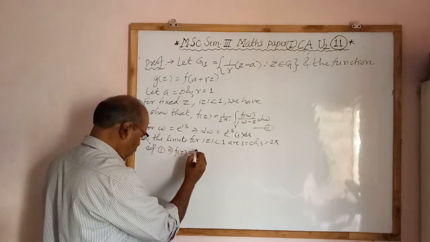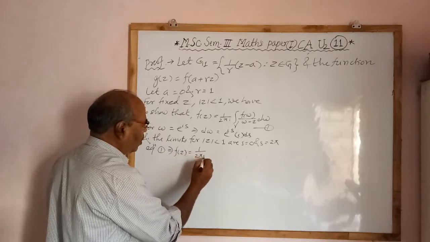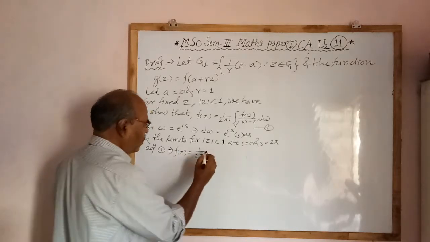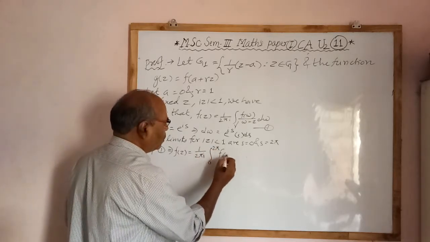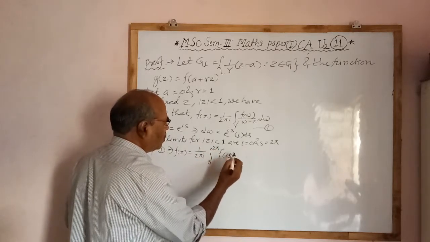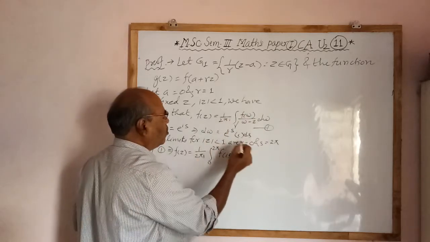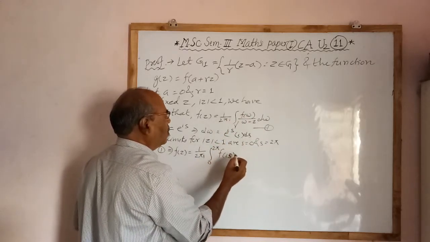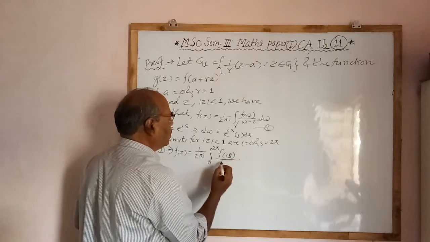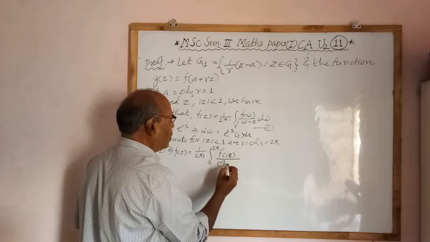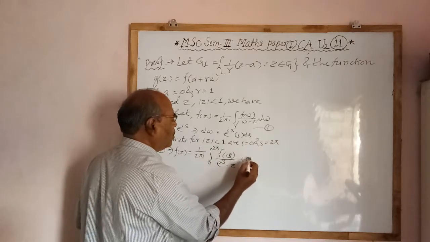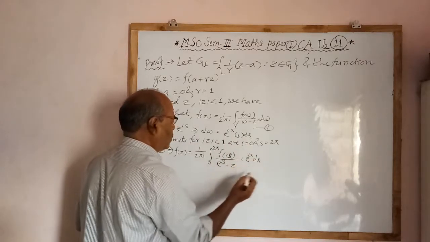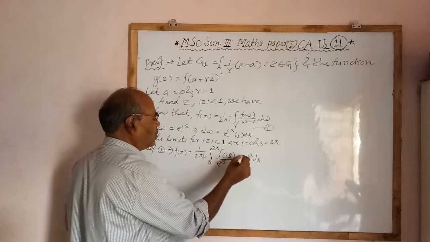f of z equal to 1 upon twice pi i integration 0 to twice pi of f of w, that is e to the power is, divided by e to the power is minus z, into dw. dw is given by i e to the power is ds. Here i gets cancelled.